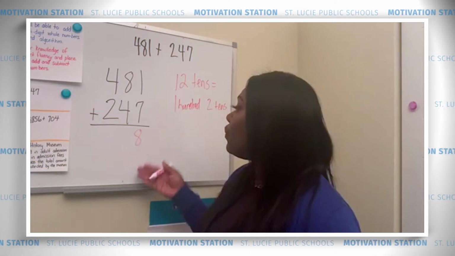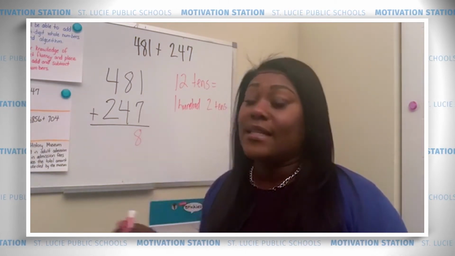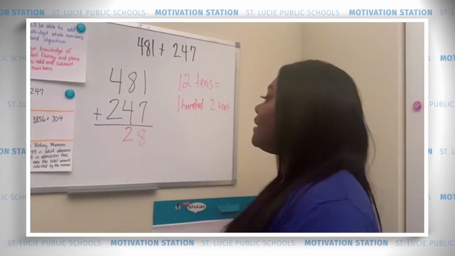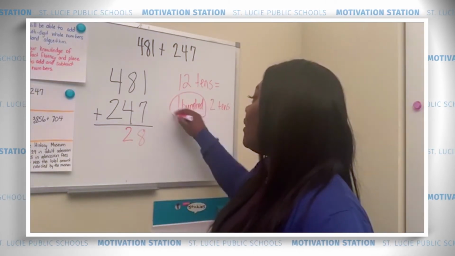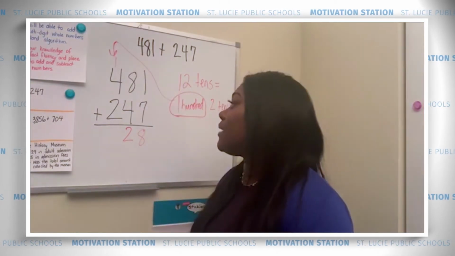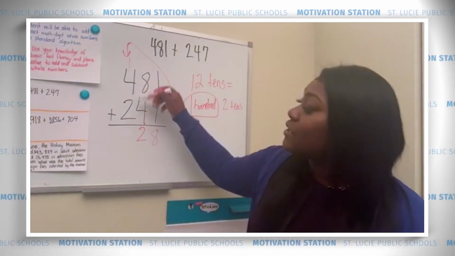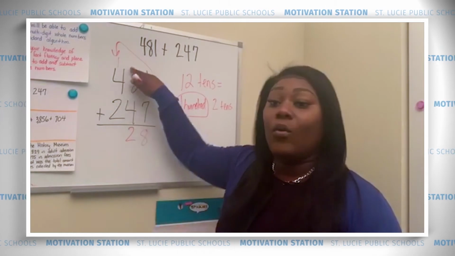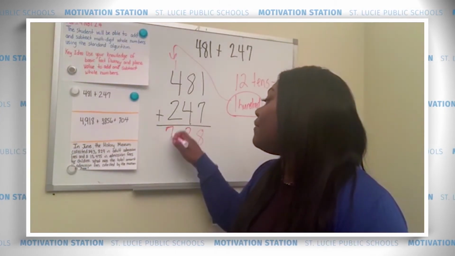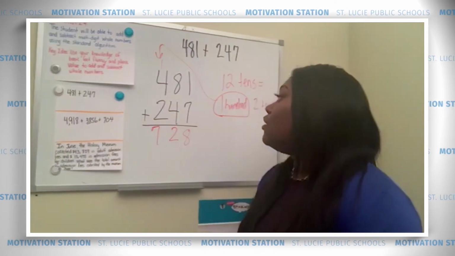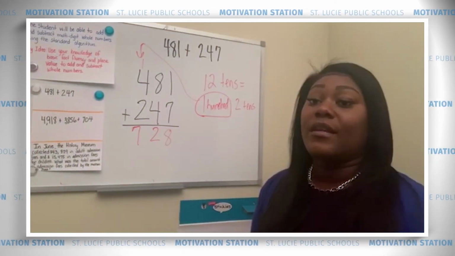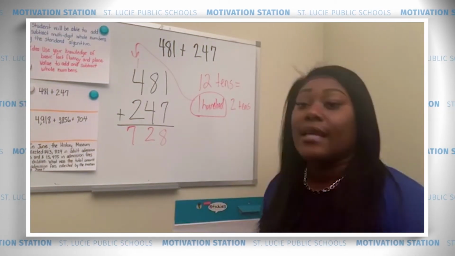So when I regroup 8 tens plus 4 tens equals 12 tens, I'm going to keep the 2 tens in the tens place, but this 100 will be regrouped over to the hundreds place. So I have 4 hundreds plus 2 hundreds, and that 100 that was regrouped over, and now I have 7 hundreds. So the sum of 481 and 247 is 728.